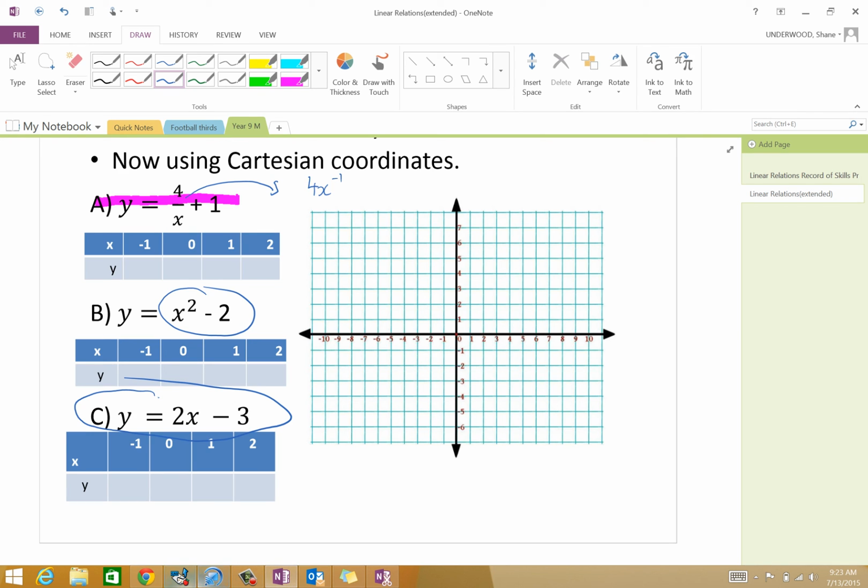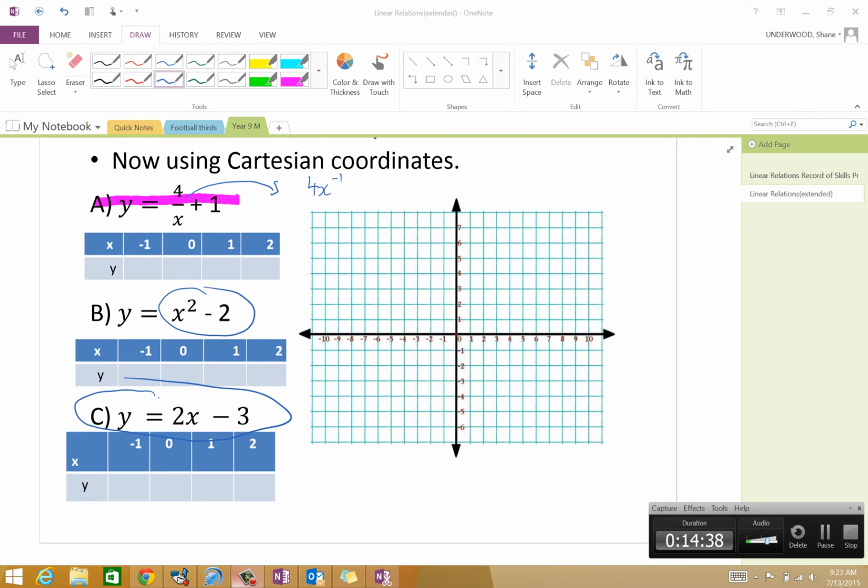I'm going to pause the video now. I'm going to sketch a Cartesian coordinate system which goes 10 across to the right, 10 across to the left, and we're going to go, say, 7 up and 7 down. All right? I'd like you to sketch these 3 graphs, y in terms of x, on your Cartesian coordinate system, and then I will go through that before we finish our class.